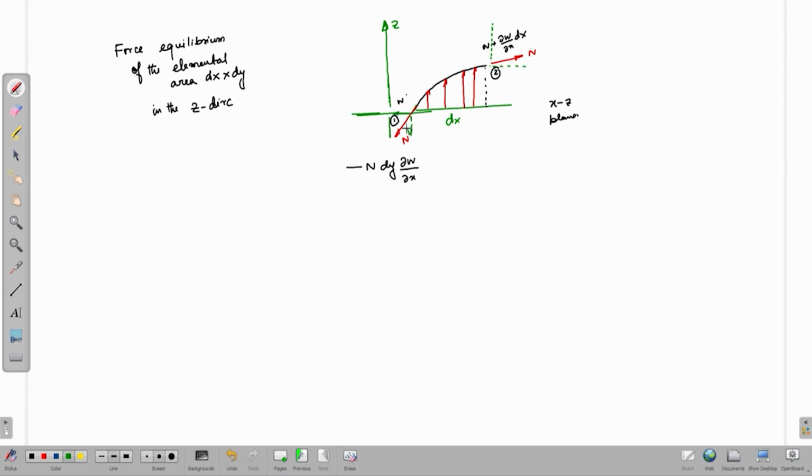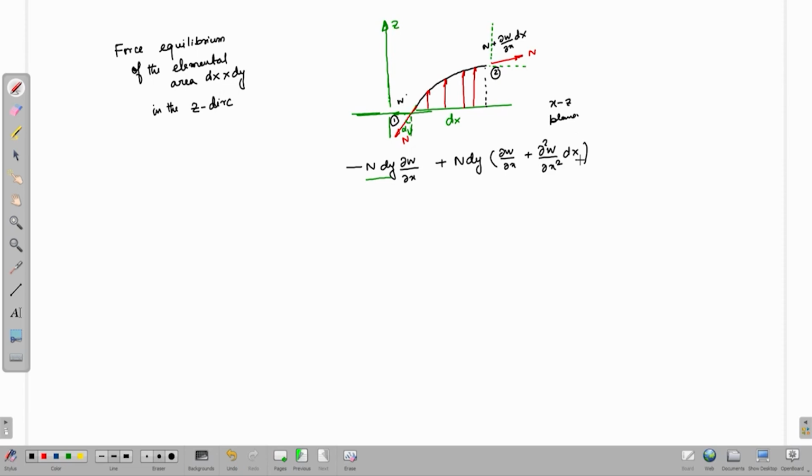So, this component, the total force is going to be N into dy, and the vertical component at point 1 is going to be cos alpha, which can be written as del W by del x. Similarly, at point 2, the total force is N into dy, and the component of that would be del W by del x. So, this is one part of the force.